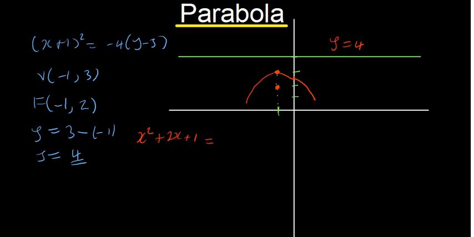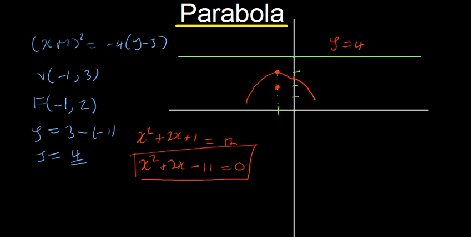So this is just going to be x² + 2x - 11 = 0. You can factorize that one, or use the formula method to find the values of x, so that you don't just use guesswork. If you really want your work to be detailed, it's important that you indicate exactly where the graph is cutting the x-axis as well as the y-axis.